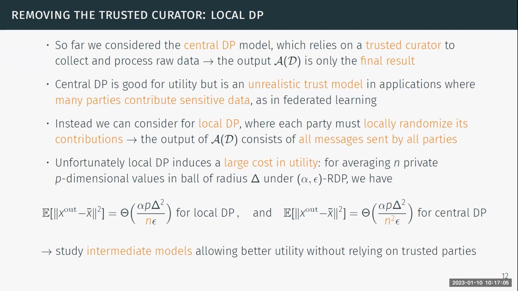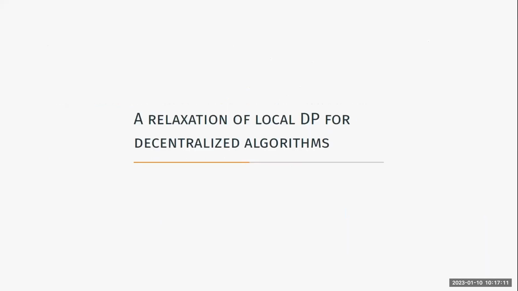So I'm now going to introduce a variant of differential privacy that captures this aspect of decentralized algorithms. It's going to be a relaxation of the local DP definition that we hope can give us better utility than what we have with local DP.